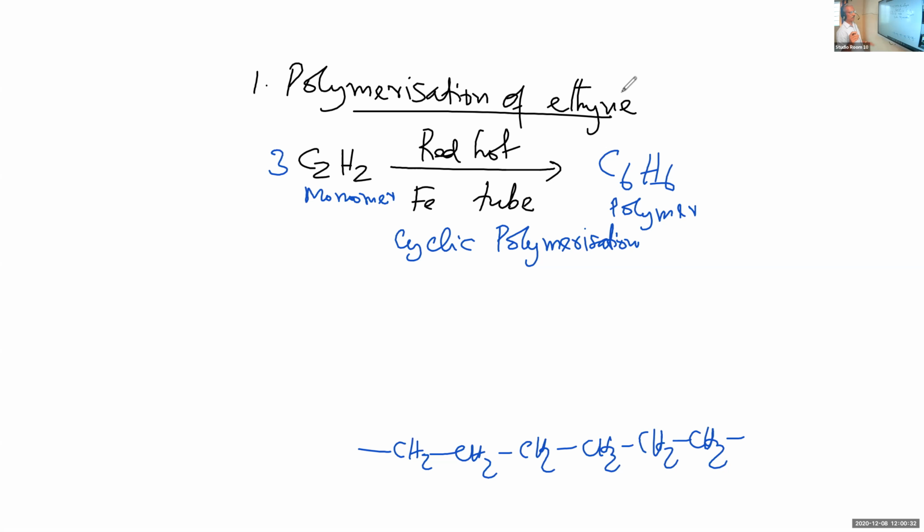Very clear. Three monomer units are combined, and so it is called trimerization. Three molecules of the monomer are combined, three mer parts. Cyclic trimerization, cyclic polymerization, that gives us benzene.